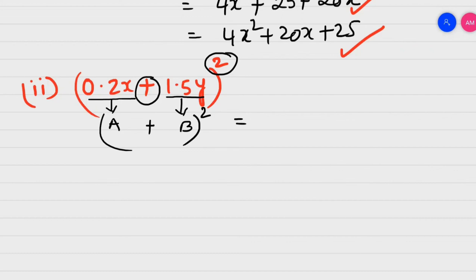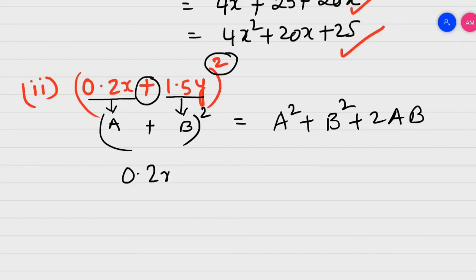Now what is your identity a plus b whole square? It is equal to a square plus b square plus 2ab. Simply put the values of a and b. Here a plus b whole square means 0.2x plus 1.5y whole square. Children, just keep it in mind, it is 1.5y.